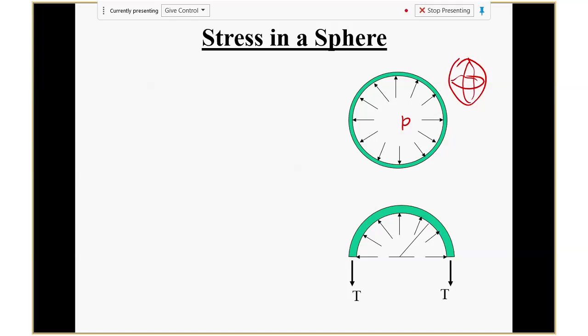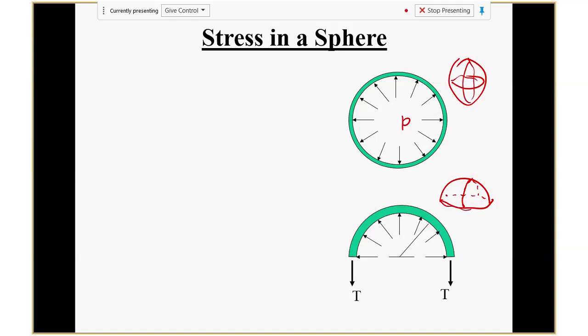Again, if you cut a sphere, we can, for example, cut it into two halves. It looks like this. I draw two lines; actually, this line should be solid. You can see it's like a cap, a half sphere. Now when you cut it, what's the tension there?